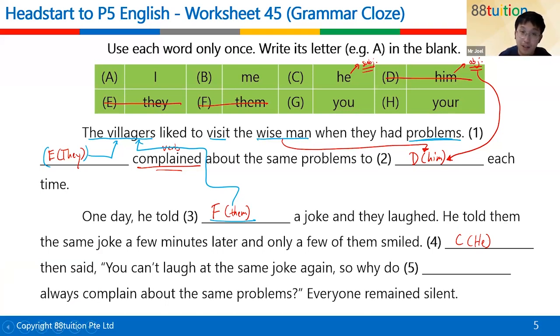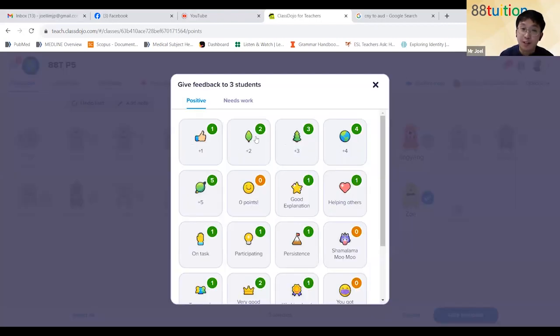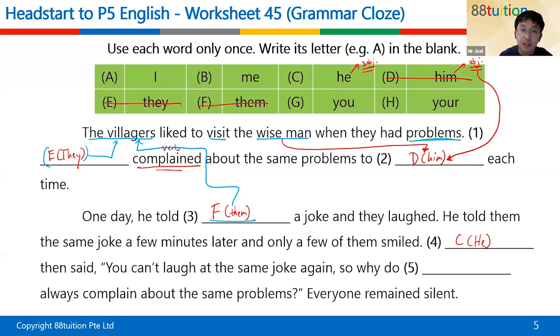"He then said, you can't laugh at the same joke again." So "he" refers to the wise man. Okay, 1 point. The rest of you got it correct as well. And for the last one, all of you got it correct too. I only need Louise's answer for the last one. "You can't laugh at the same joke again, so why do blank always complain about the same problems?"